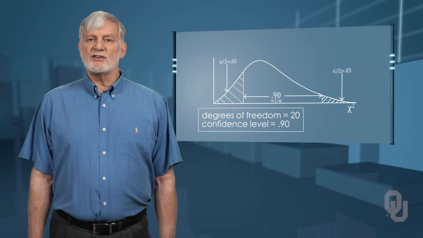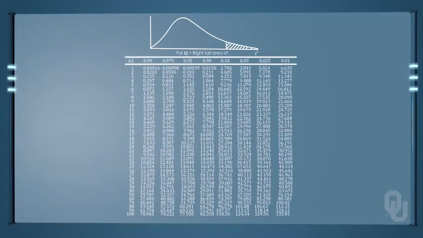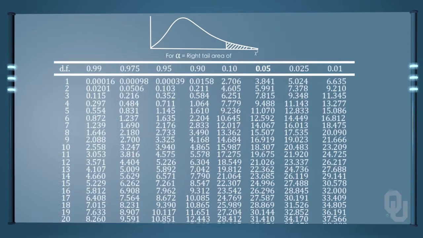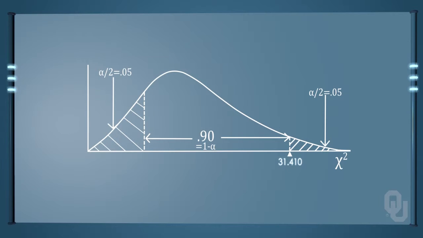To find the chi-squared critical value for the right-hand tail, we look up the chi-squared value in the table at 0.05 at 20 degrees of freedom. This is exactly how we found the appropriate value from the student's t-table. We find the value of 31.410 and mark it.